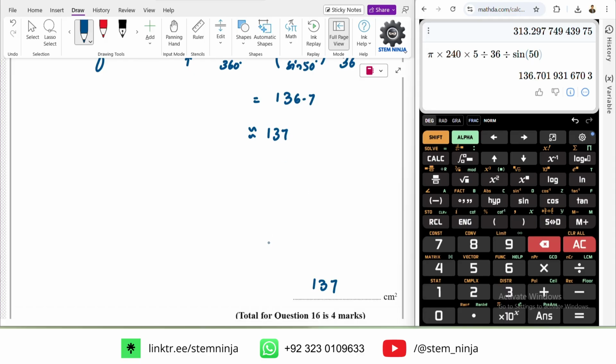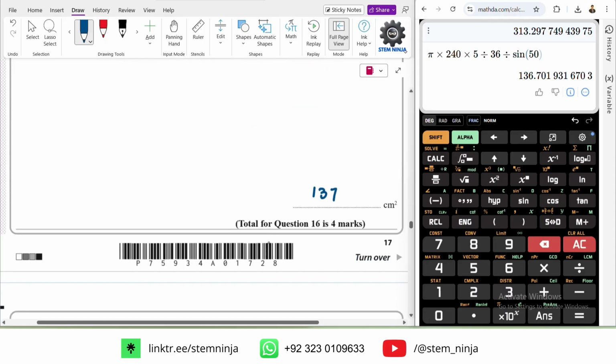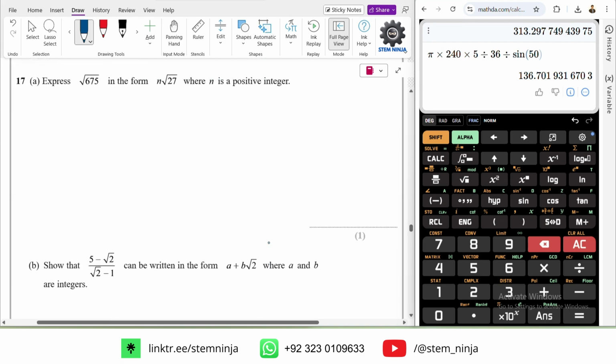Right, let's move on to question number 17. Express root 675 in the form n root 27 where n is a positive integer. First off we need to do the prime factorization for this one.